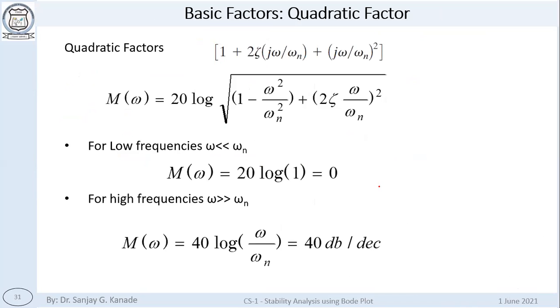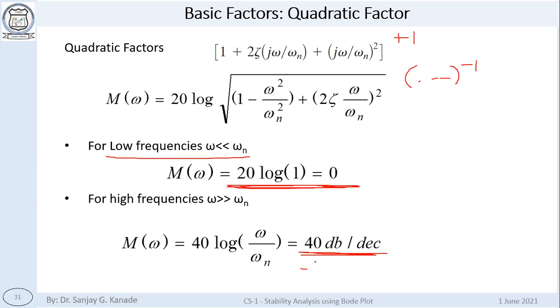For this, again, there is going to be a corner frequency omega n, until which the magnitude is going to be 0, and after that frequency, the magnitude is going to be 40 dB per decade positive if this factor is in the numerator. If it is in the denominator, then it is simply going to be minus 40 dB per decade.